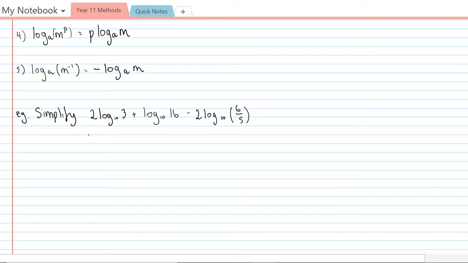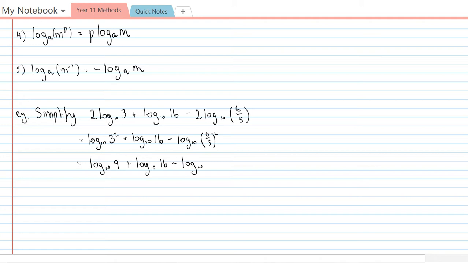So that is log base 10 of 3 squared plus log base 10 of 16 minus log base 10 of 6 on 5 squared. Simplifying that gives log base 10 of 9 plus log base 10 of 16 minus log base 10 of 36 on 25.